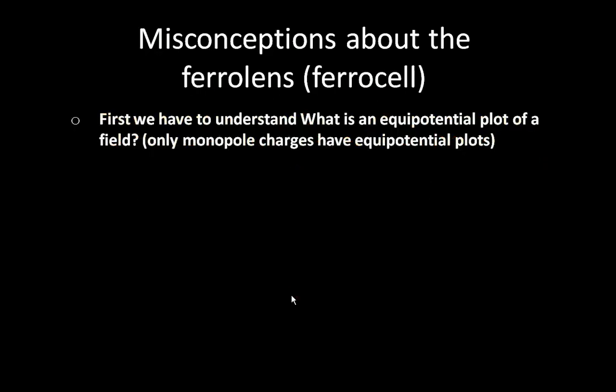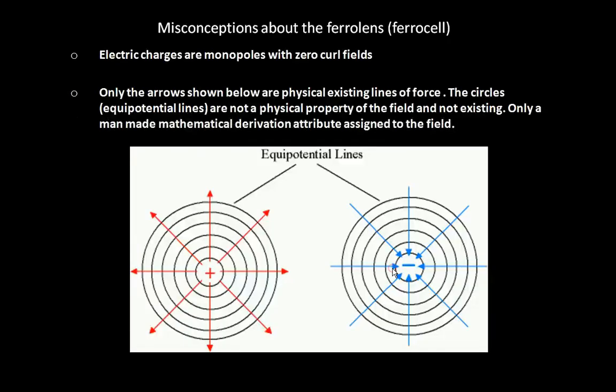So first we have to understand what an equipotential plot of a field is, which is a man-made plot. It's not a physical entity. So here we have two electrical charges, a positive charge and a negative charge. These are monopole fields, and we see the only physically existing lines in such a field are these red lines, which are the electric force vectors of the field.